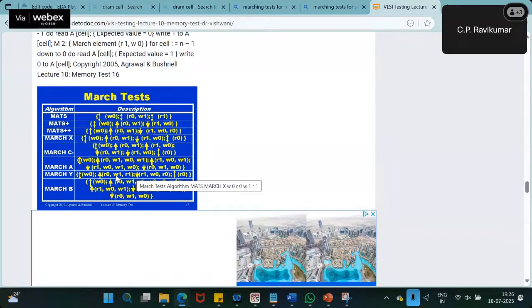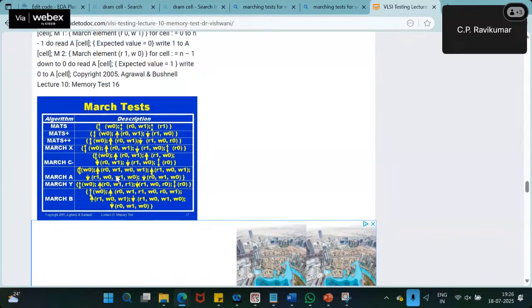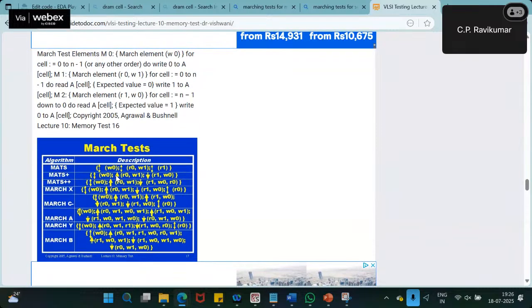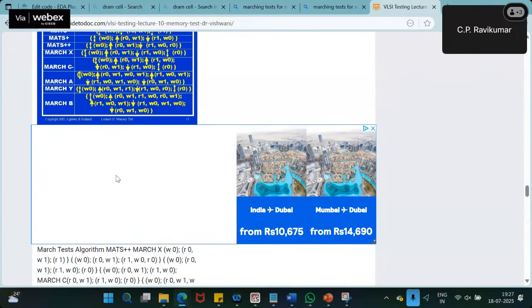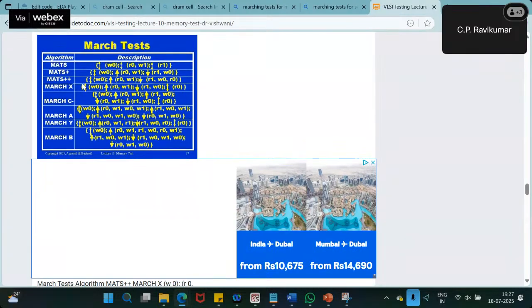So, the number of different faults that there are, right? A very simple algorithm like MATS may not catch quite a few faults. It will catch all the stuck-at faults. It may catch, I think, transition faults may also be caught. It may not be.